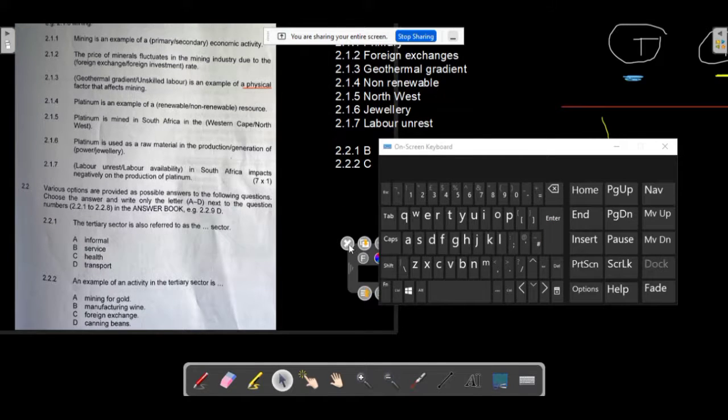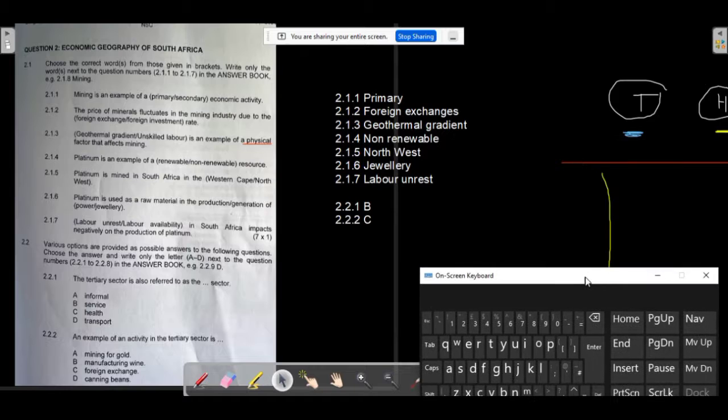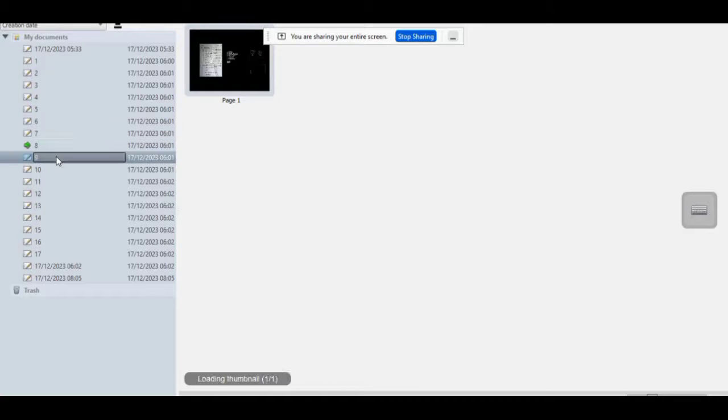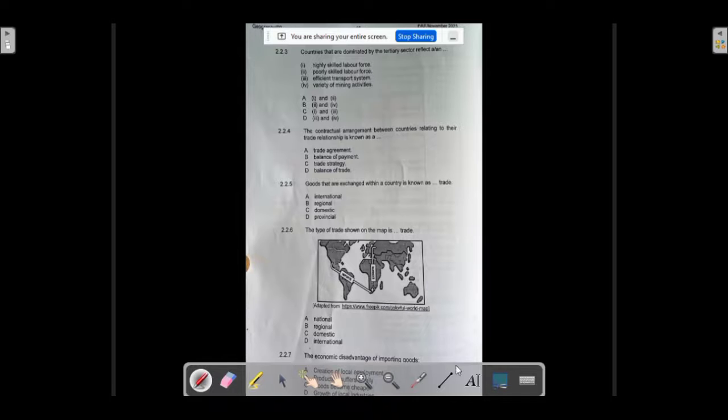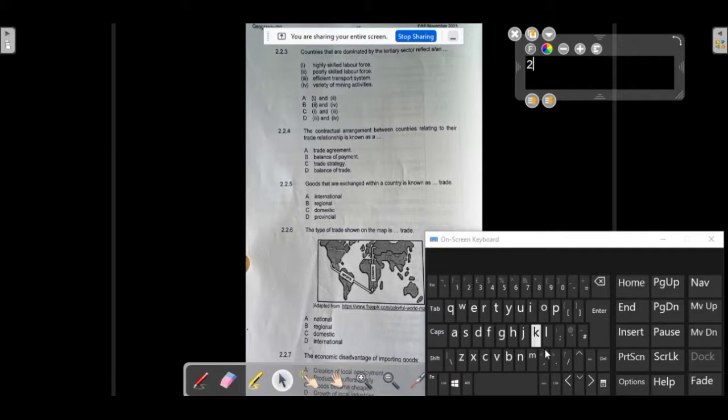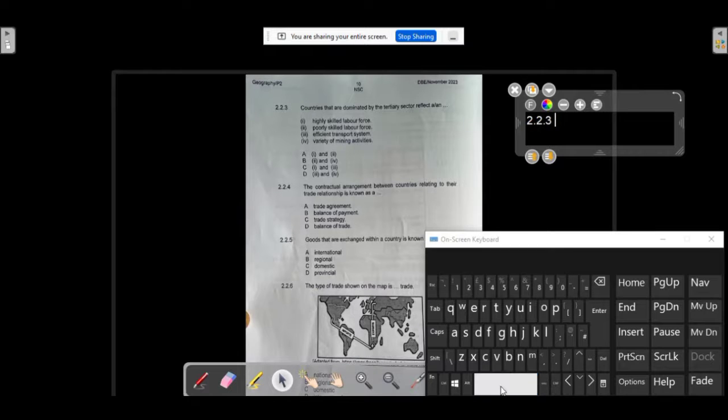Okay, so I'm going to move to 2.2.3, which is actually on another page. So 2.2.3, what do we have? Countries that are dominated by the tertiary sector reflect A or N. Okay, so we have four Roman figures, we have to choose two.